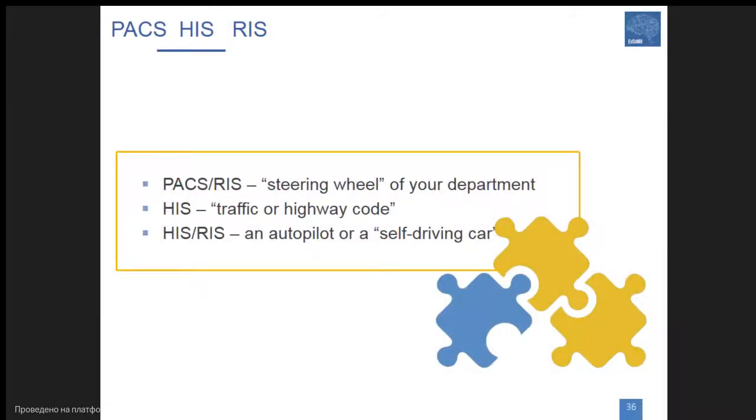The other combinations: I'd like to say that PACS with RIS is a kind of steering wheel of your department. HIS provides the traffic or highway code, and HIS combined with RIS leads us to the era of autopilot, the self-driving car, or self-driving radiology department.